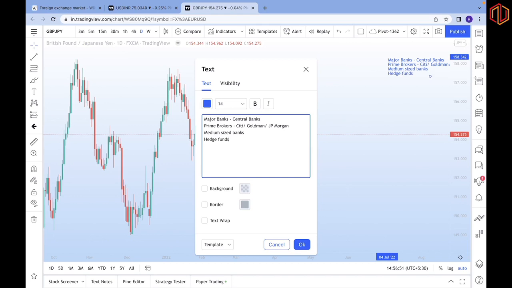Along with hedge funds, you will also have brokers like, say, Upstox, Fidelis Capital, FX Pro. Different brokers, big and small, come at this level. You have commercial institutes, companies, and right below this are the retail investors or retail traders, that is you and me. So this is the chain. This is how the market functions.